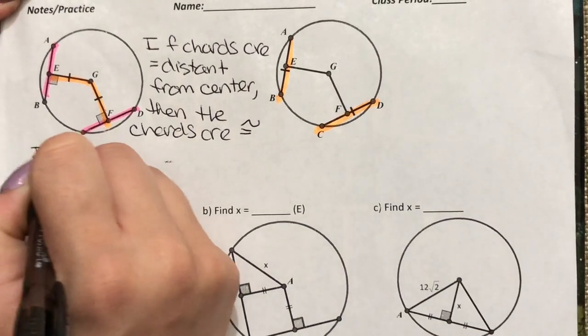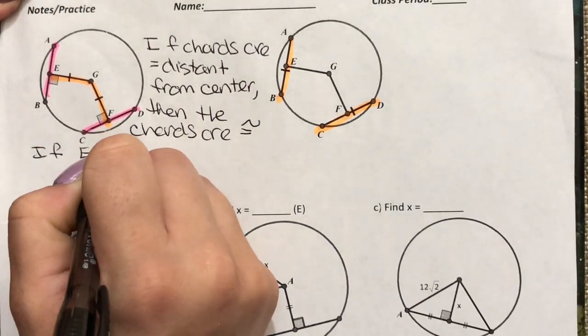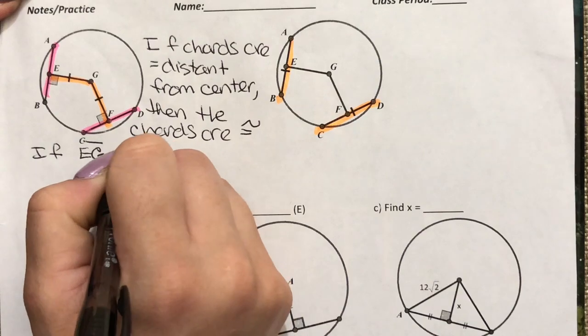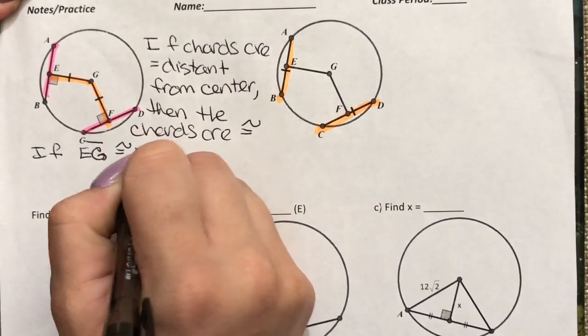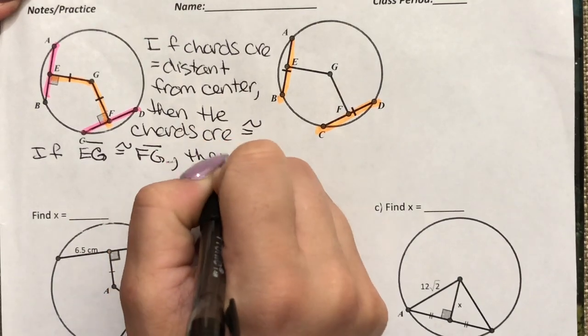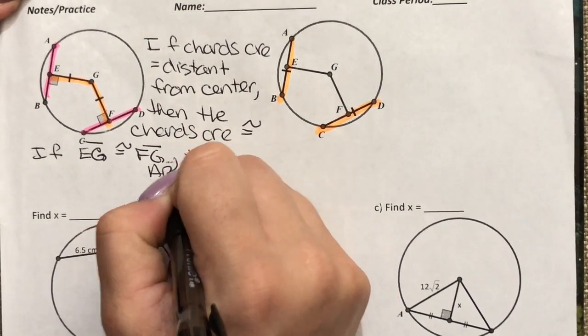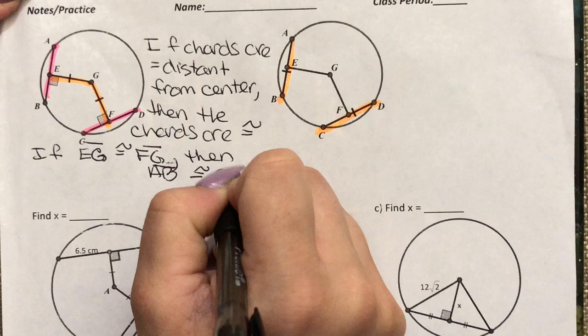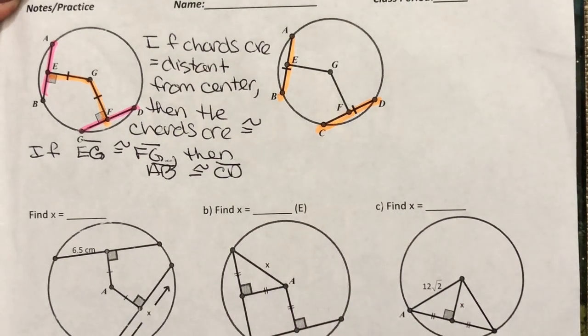So if EG is congruent to FG, then AB must be congruent to CD.